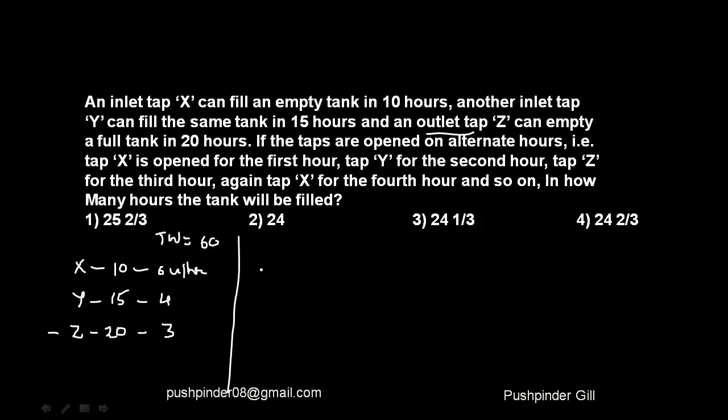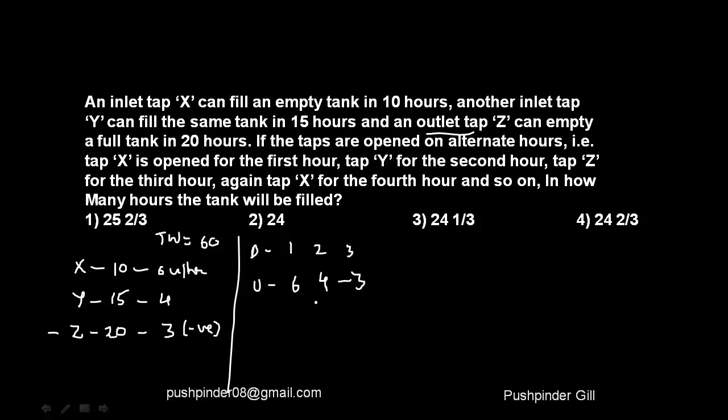Now let's see. These are number of hours and these are number of units. So this is -3, right? This is negative. On the first hour, it's the turn of X. He fills 6 units. On the second hour, it's the turn of Y. He fills 4 units. On the third hour, Z empties 3 units.